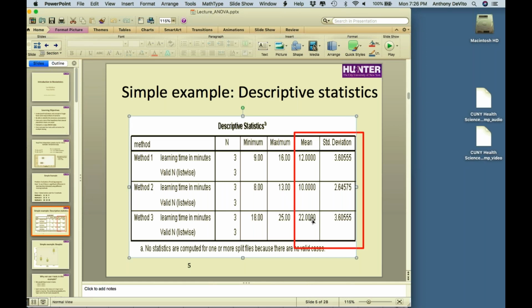And why am I thinking that? Because the variability is not that great, but the difference between method 3 and these other two means is pretty large. So gee, I'm encouraged by looking at these descriptive statistics.